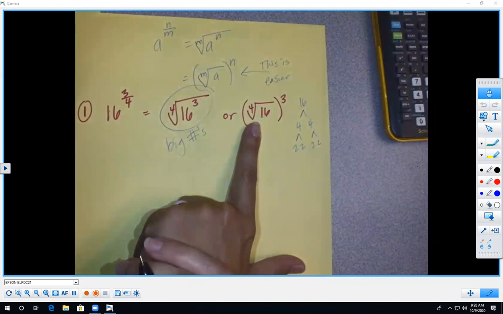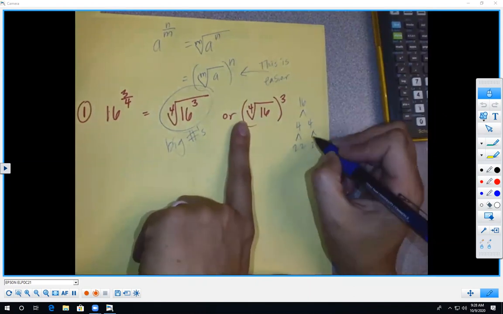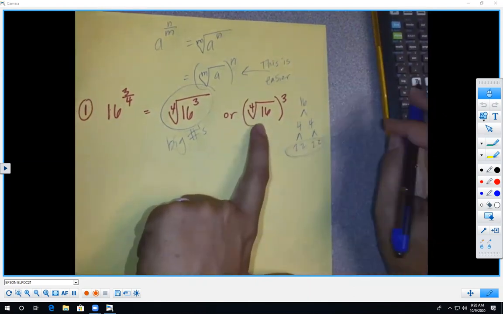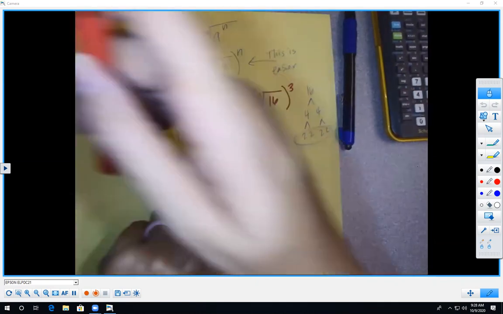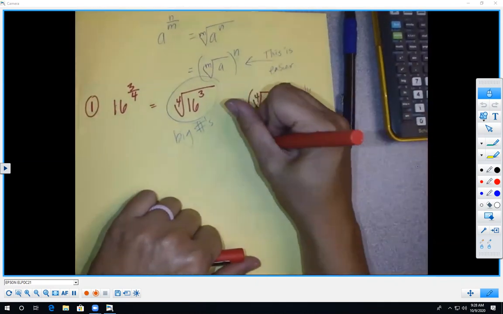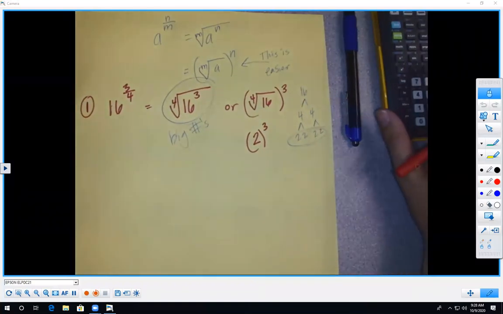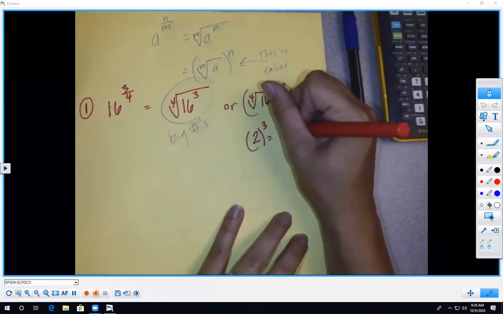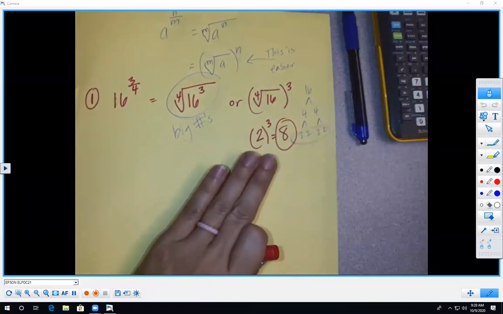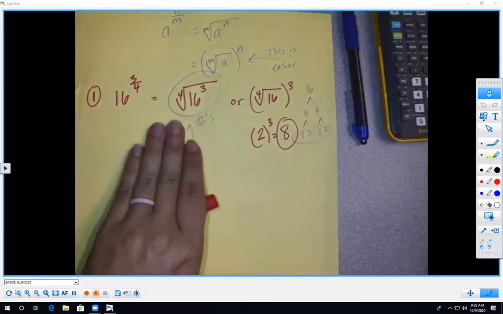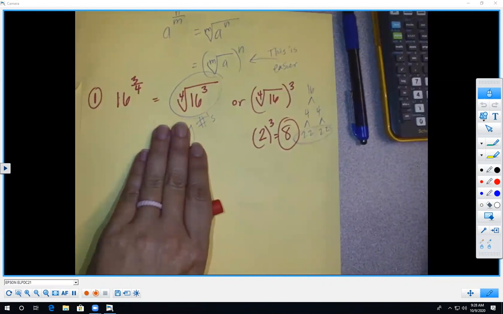Do I have 4 of the same thing here? Yeah, 4 2s. The fourth root of 16 is 2. And then 2 to the third power, what's 2 times 2 times 2? 8. So you can see how you can do it that way in your head, and this way I can't do it in my head. It's actually really hard to do with the calculator also.